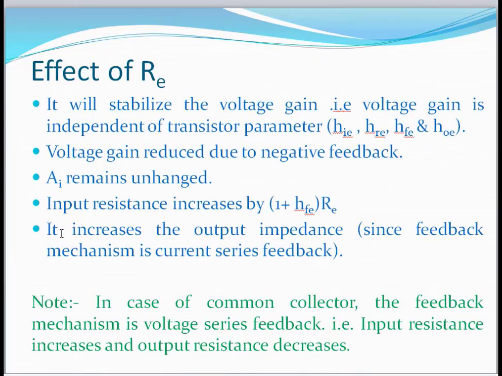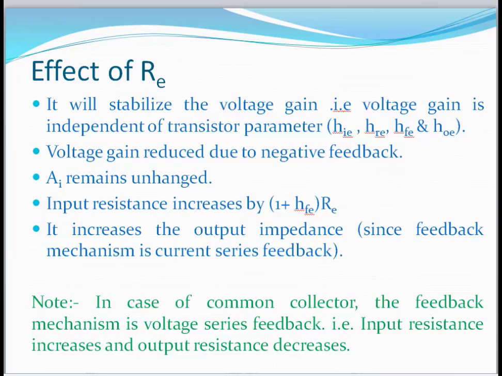Since the feedback mechanism here is current series feedback, output resistance will increase, and here the input resistance also increases. When we study the feedback amplifier, we will study that there are 4 types of feedback mechanism.